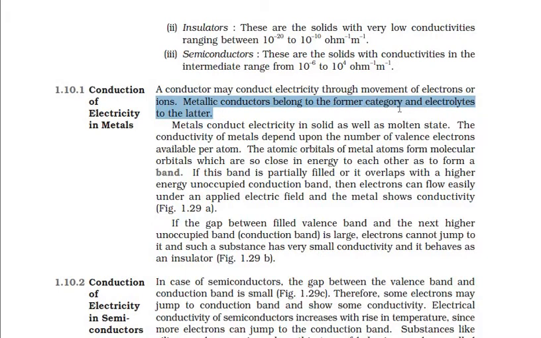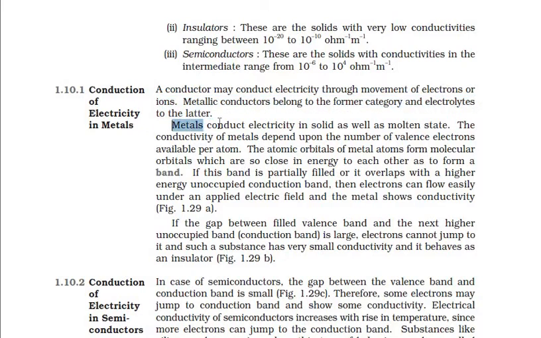The former category is the electrons, where metals have free electrons in the outermost shell. If you talk about electrolytes, they involve ions, like electrolytes NaCl, KCl in the molten state.